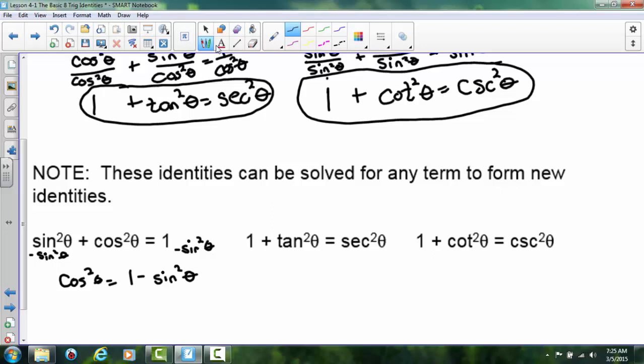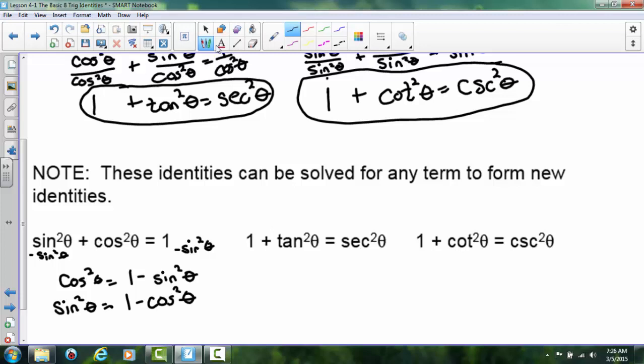Similarly, if we chose to solve for sine, we would have subtracted cosine squared from each side, and we would have sine squared theta equals 1 minus cosine squared theta.